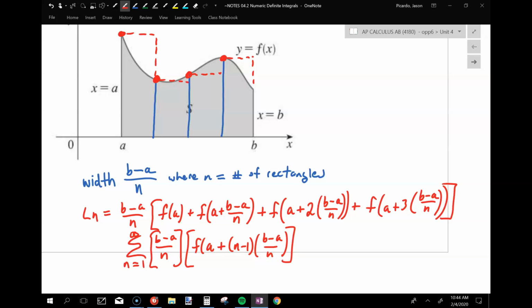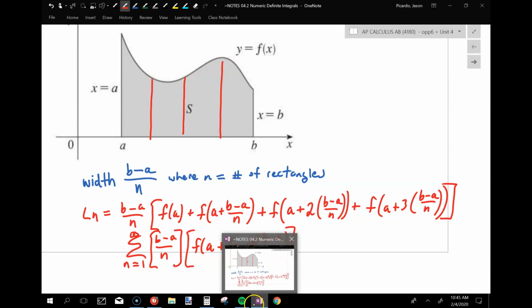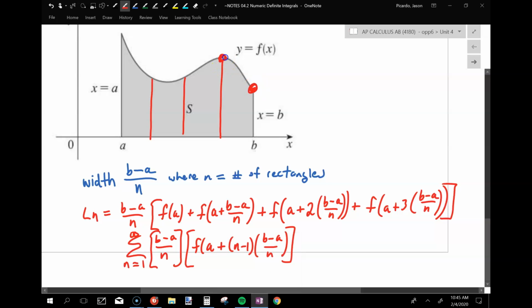Guys, is this going to change if I do right side approximations? So instead of my points being there, where are my points going to be now? I'm going to start on the right-hand side. 1, 2, 3, 4, right? I'm going to go across, across, across, and across.